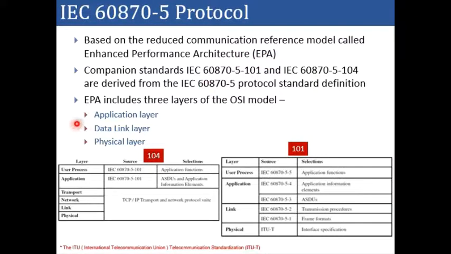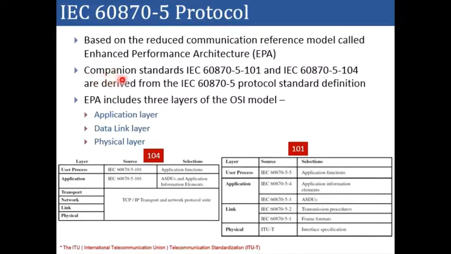Why EPA is important? Because it includes only three layers of the OSI model for the data communication. Mainly the physical layer, data link layer, and the application layer are utilized for the data communication.